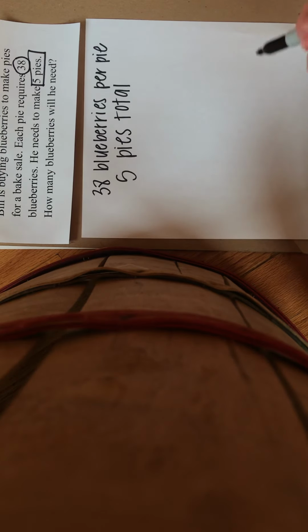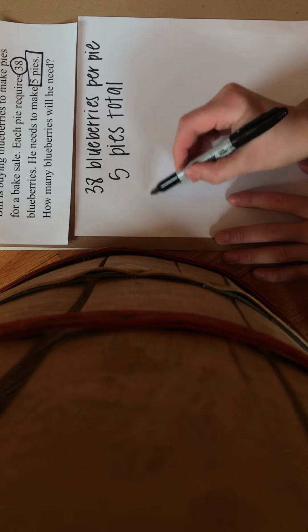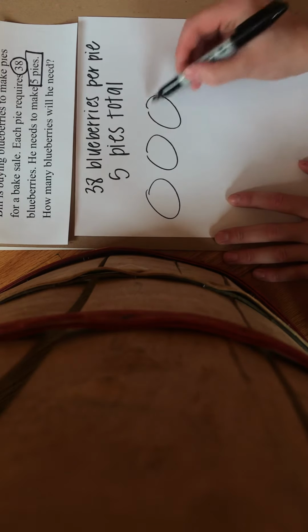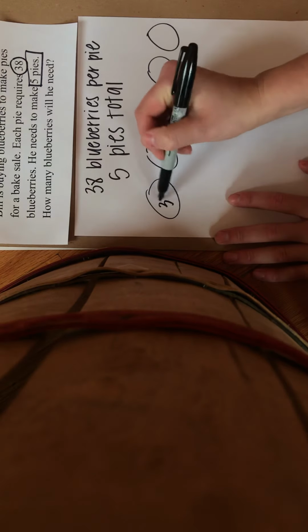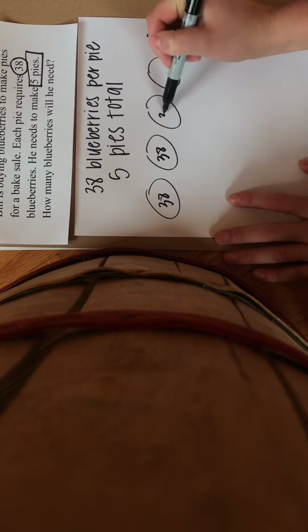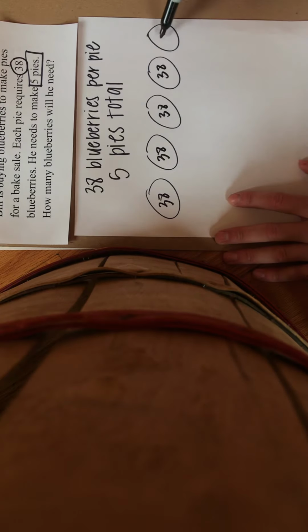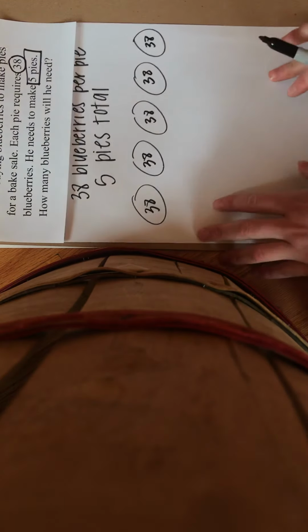to make 5 pies. So we know that we need to make 5 pies. And in each pie, there needs to be 38 blueberries. So we have 5 groups of 38.